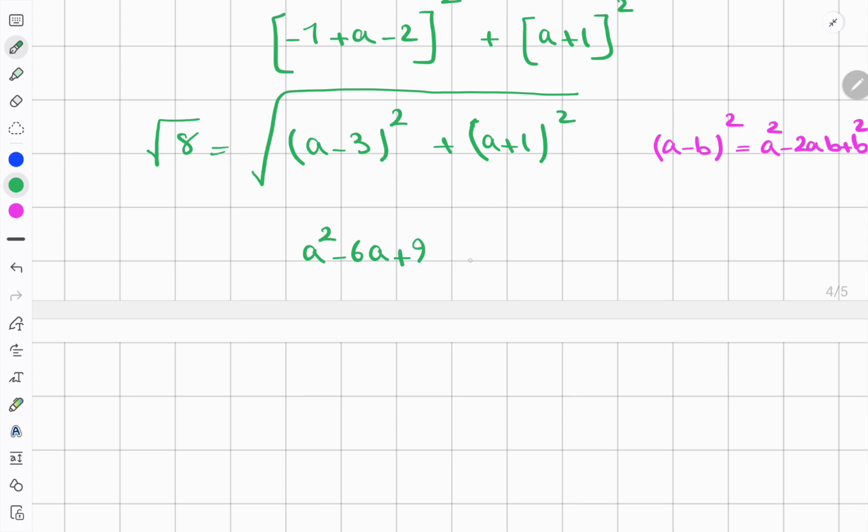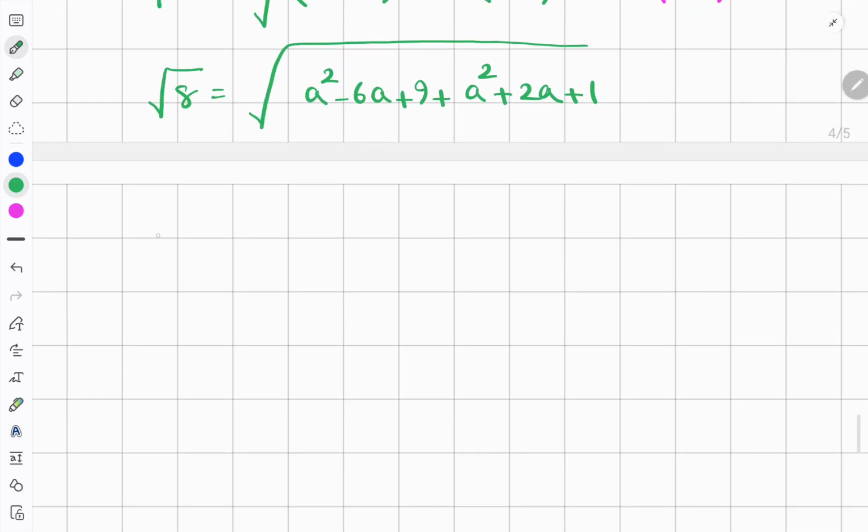And here (A plus 1) squared. A squared plus A squared, I'm gonna collect like terms, 2A squared. Negative 6A plus 2A is negative 4A, and 9 and 1 is 10 equals 8.